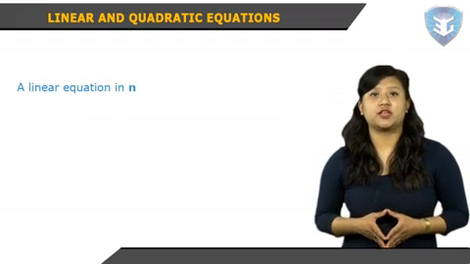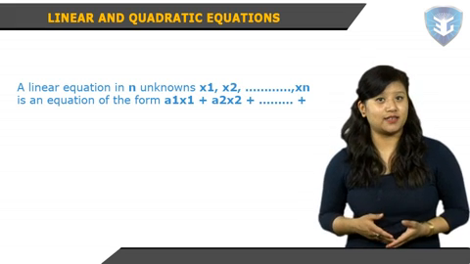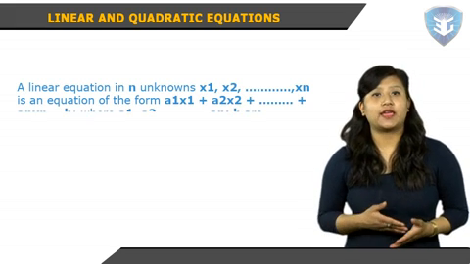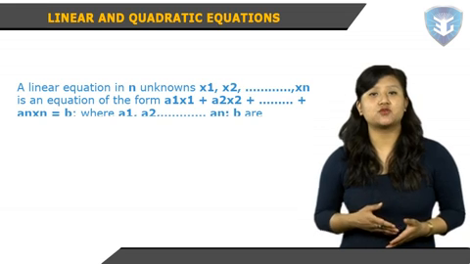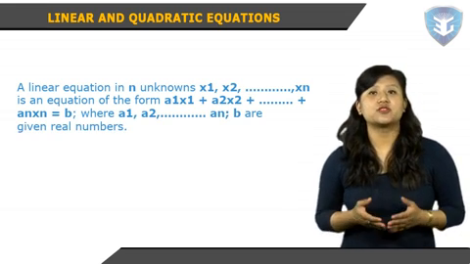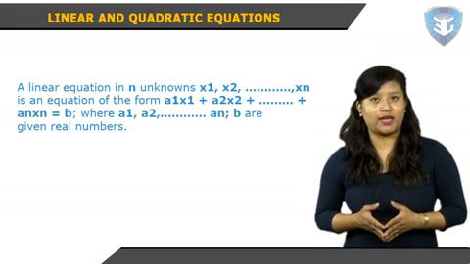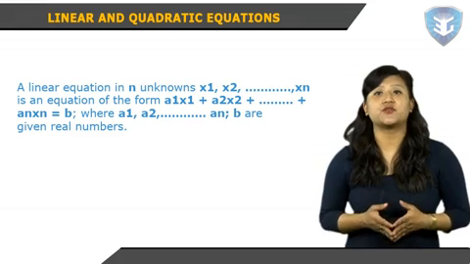A linear equation in n unknowns x1, x2, up to xn is an equation of the form a1x1 plus a2x2 plus up to plus anxn equals b, where a1, a2, up to an, b are given real numbers.